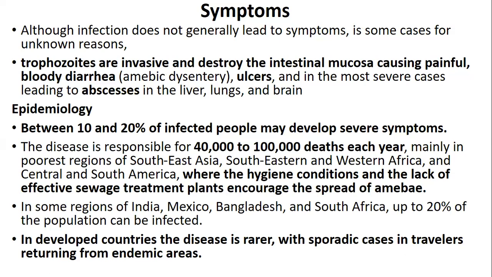Okay, mainly in the poorest regions, where the hygiene conditions and lack of effective sewage treatment plants encourage the spread of amoeba. Okay, in developed countries, the disease is rarer with sporadic cases in travelers returning from endemic countries.